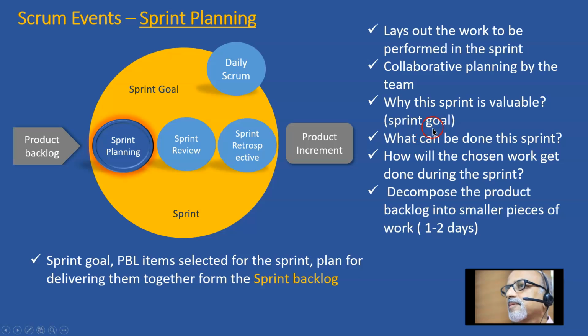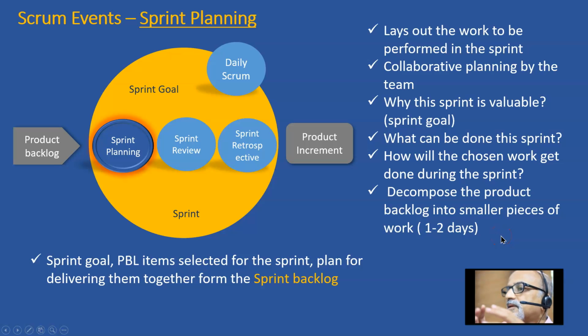Then during the sprint planning meeting, the goal is defined, then what can be done during the sprint is also discussed and finalized. How will the chosen work get done during the sprint? The team decides it, and decomposes the product backlog into smaller pieces of work that can be completed in 1 to 2 days.